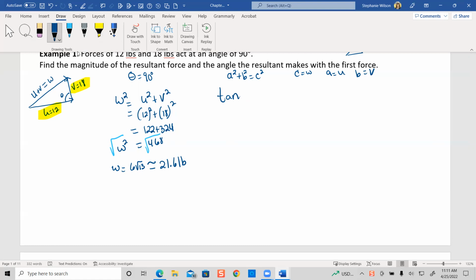Let's do alpha. And just a refresher, tangent is sine over cosine, which is opposite over adjacent. Knowing this, I got 18 over 12. We can reduce this, or we'll just leave it in that format. What are we solving for? We're solving for alpha. So that means we need to take the inverse of tangent.